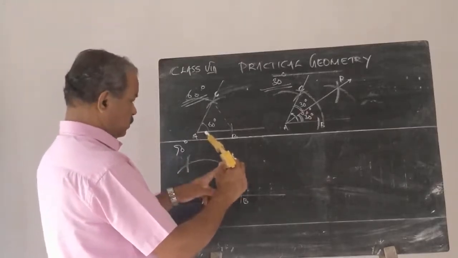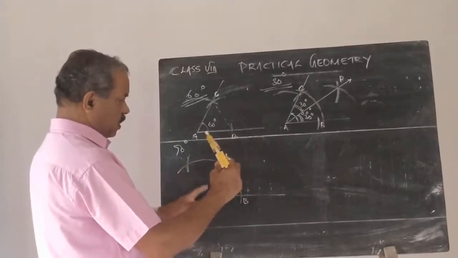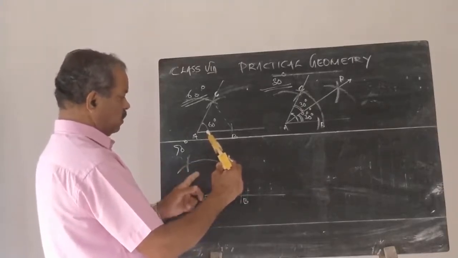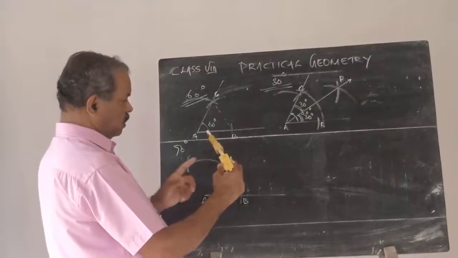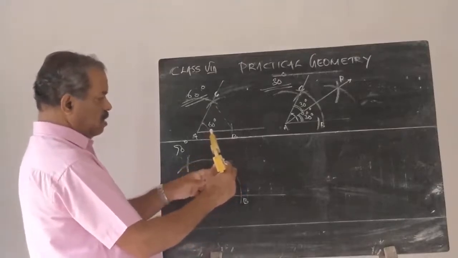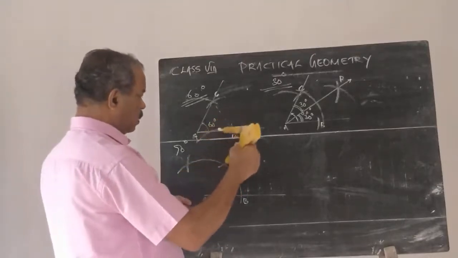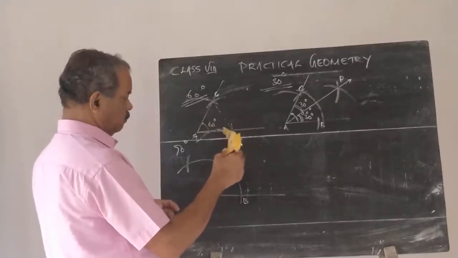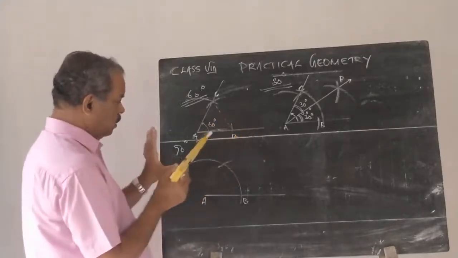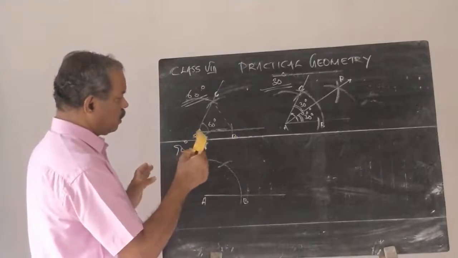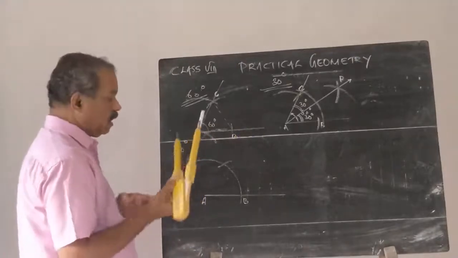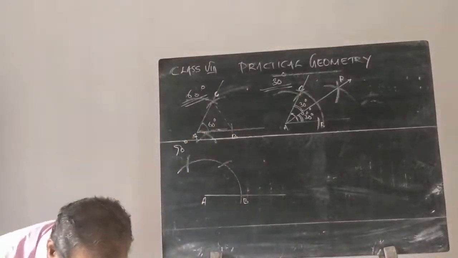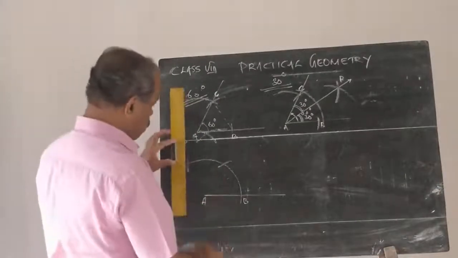Now here 60, here 60. To get 90, 60 plus 30. So draw the bisector of this angle. To draw the bisector of this angle, from this point draw an arc with the same radius, and from this point also draw another arc, and then draw a line.